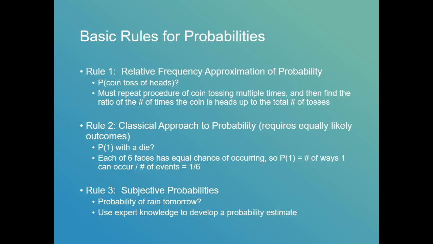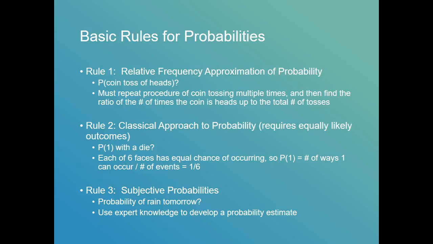The second rule is the classical approach to probability. This requires equally likely outcomes. So here, the example is using a die, of getting a 1 when you roll one die. Instead of rolling 2 dice, we're rolling 1 die. That's the singular form. I know it's a little weird looking. So the probability of rolling a 1 with 1 die: well, we have 6 faces on our die, so they all have an equal chance of getting landed on when we roll.